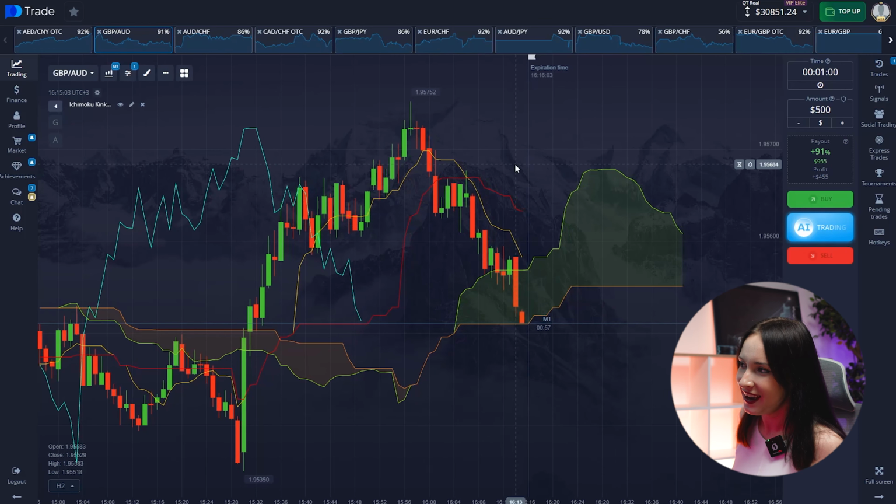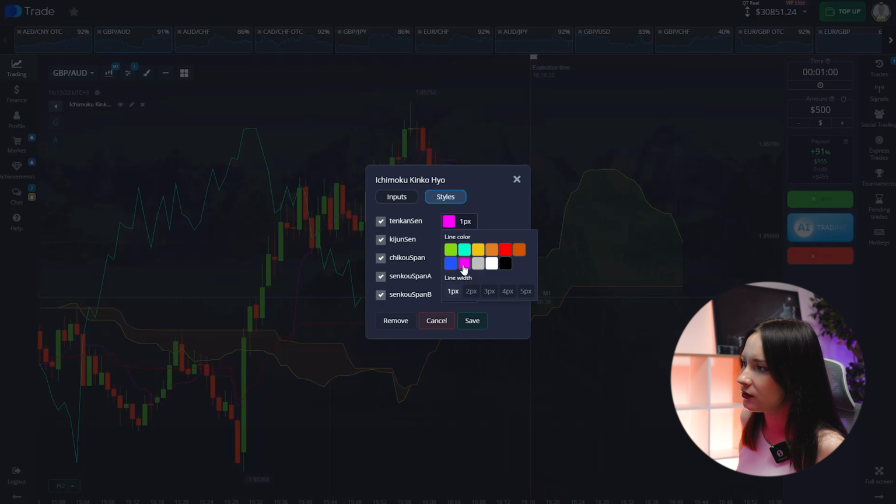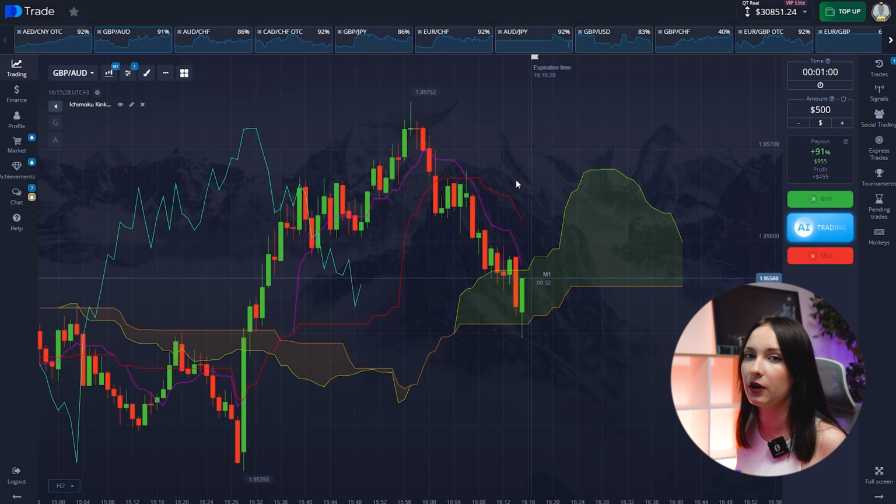But don't worry, this colorful mixed combination of lines, once we dive deep into it and know what it does, will pay us off with the right signals. I will just change this color to make it more evident for me to explain. It's not obligatory, it's just so that you understand.